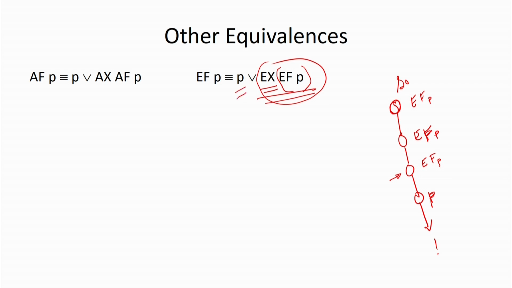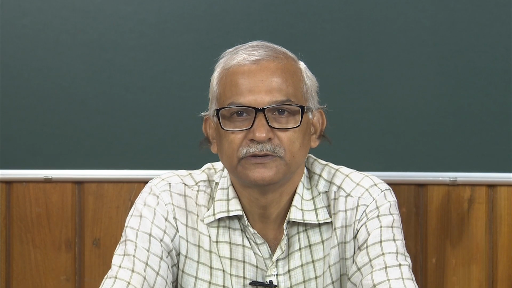Now, what about the other component? If P is true here itself, then we are going to say that EFP is true. This is as per our defined semantics. How are we defining our semantics? How are we considering time?